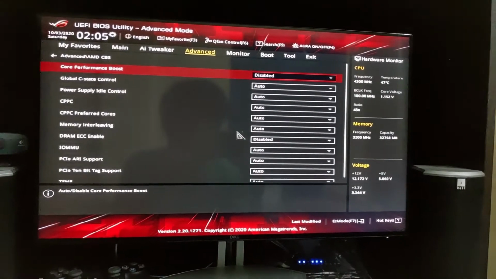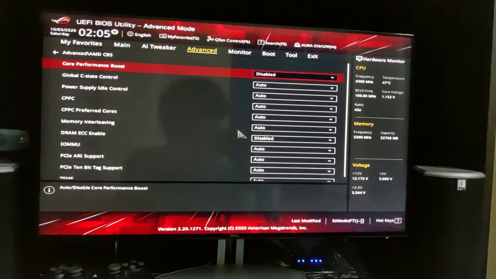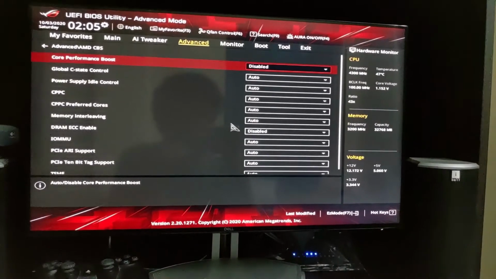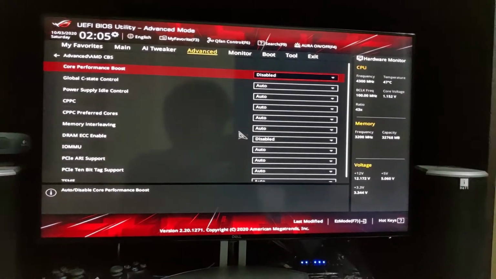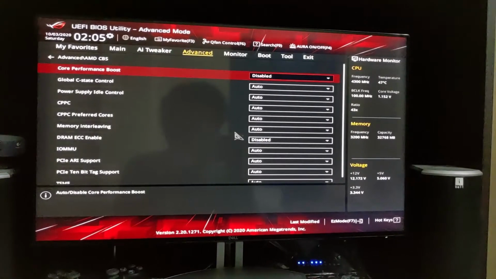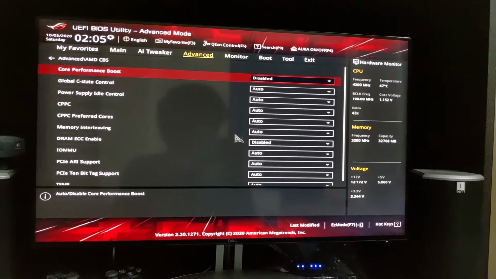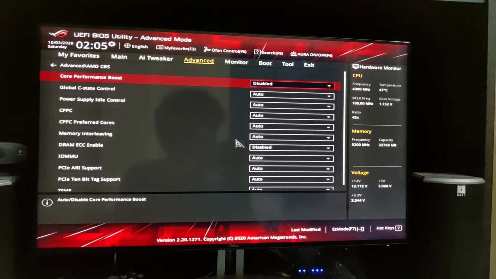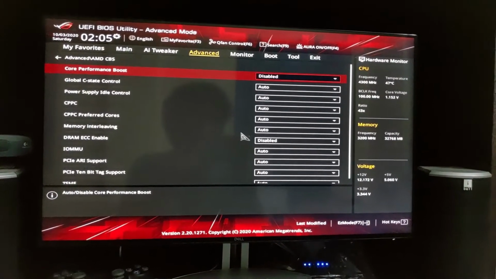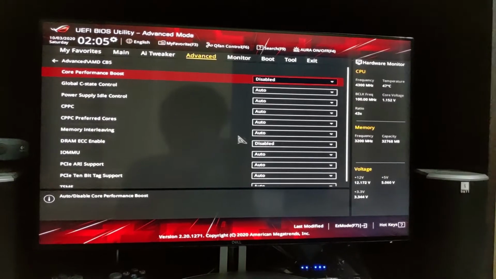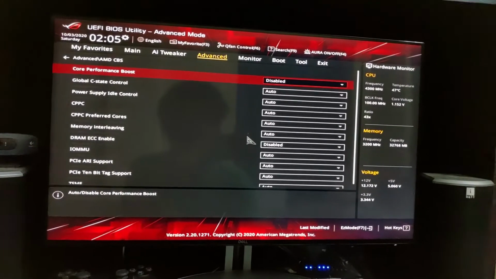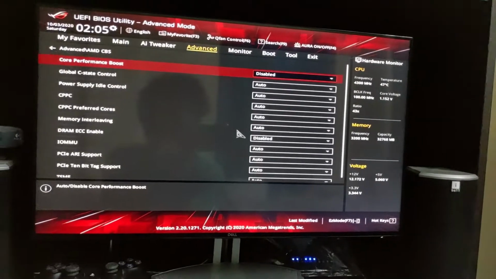Say for a Ryzen 5 3600, the maximum peak short burst clock is 4200 megahertz or 4.2 gigahertz. Chances are that you will be able to achieve a much better sustained overclock frequency when you are overclocking manually, and hence keeping core performance boost enabled in that case does not make much sense. So this is another thing to consider as well.